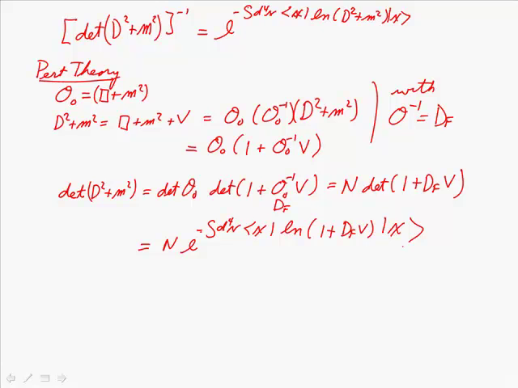Okay? But at this stage, perturbation theory comes to our rescue, and we'll get rid of the log because if this interaction piece is small, we can Taylor expand that, and you get rid of the log. So log of the differential operator is not there anymore, and we just get things that are going to be powers of DF times V, and we can make sense of that. Okay. So let's do that. So this is then N e to the minus integral d4x.